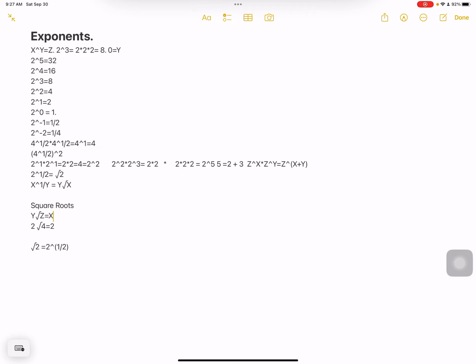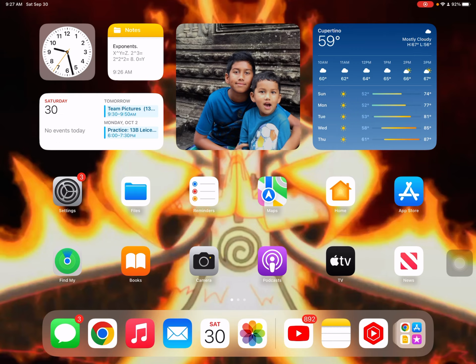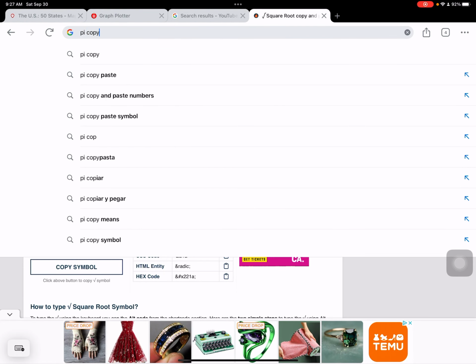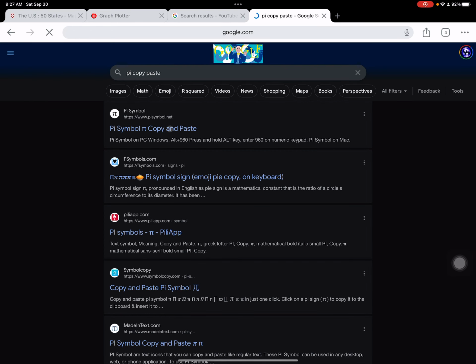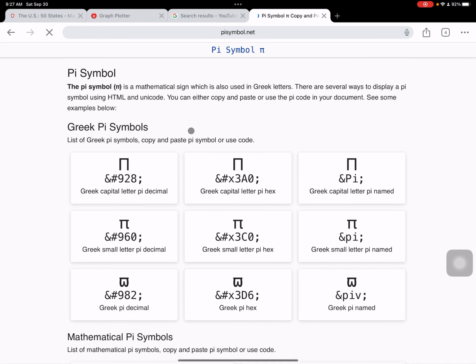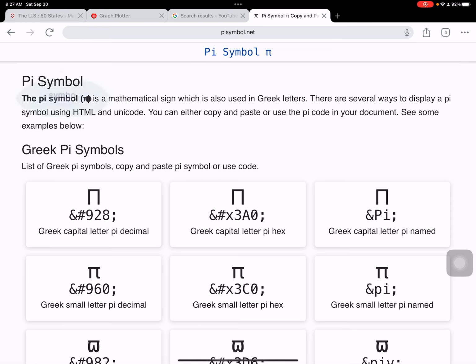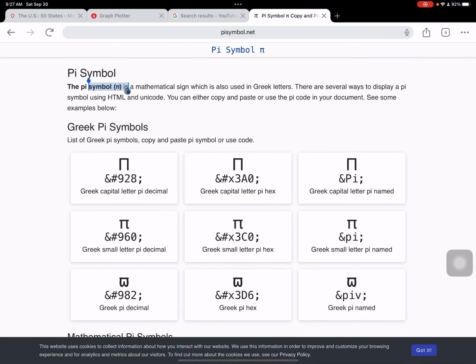So now we have this. So let's see. Is square root 2 like pi? Let me just make pi. Pi, copy, paste.